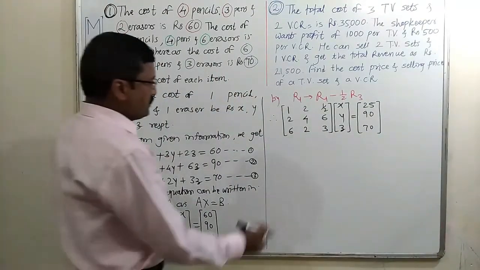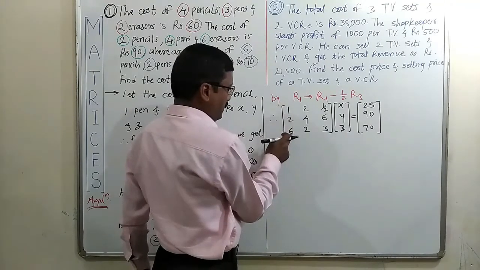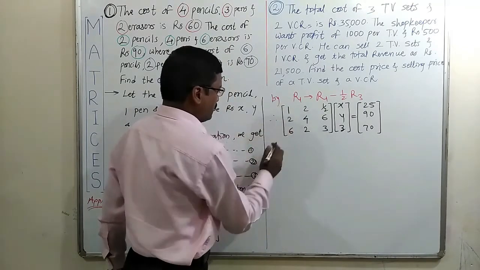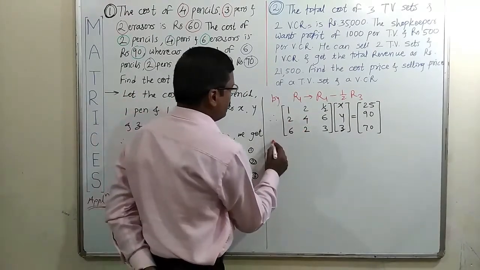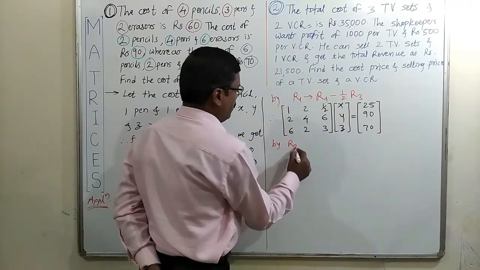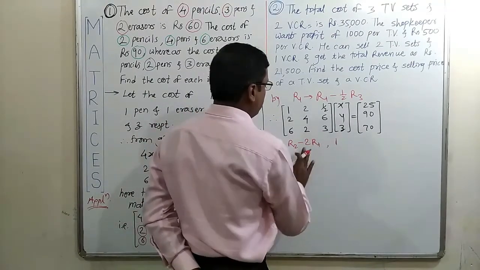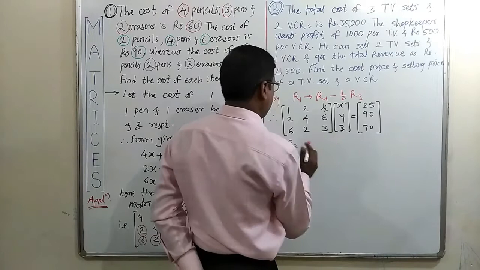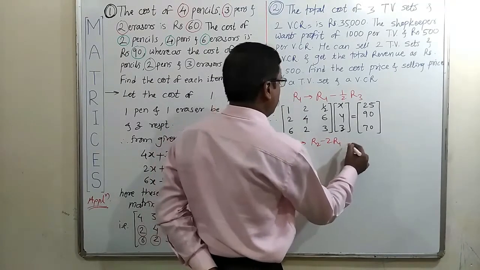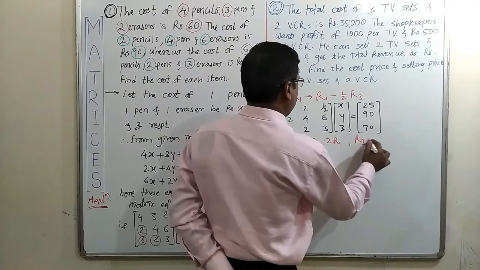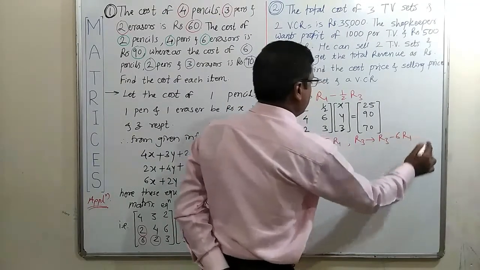Now to obtain 0 here, R2 minus twice R1 and R3 minus 6 times R1. Using that operation, we get both zeros here. Therefore, R2 implies R2 minus twice R1 and R3 implies R3 minus 6 R1.